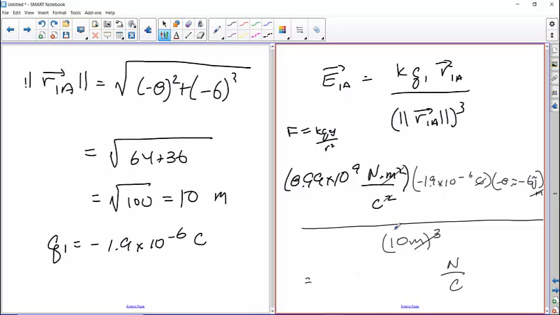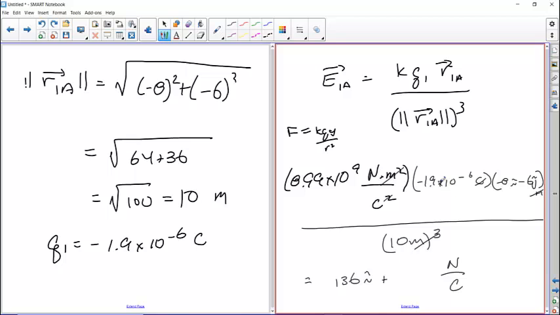And now we'll plug the numbers in. So it's 8.99 e to the 9th times negative 1.9 e to the minus 6. We're going to multiply by negative 8 for the x component and divide by 10 cubed. So what we get is positive 136i, and we'll also get positive here because we have a negative here and a negative there.